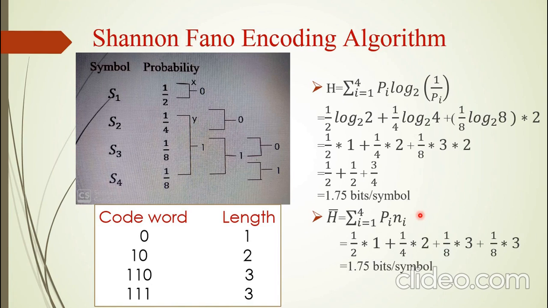And H bar is summation of i equal to 1 to n, pi ni, where pi is the probability of the code word and ni is the code word length.